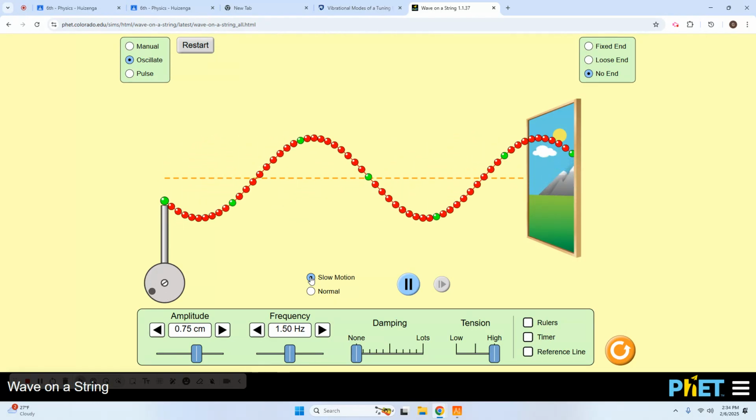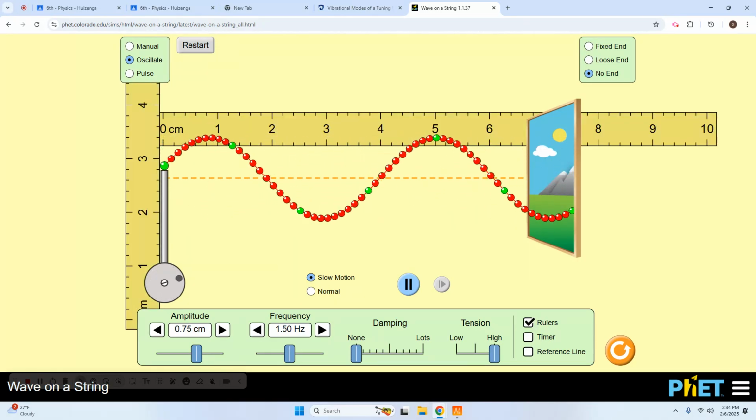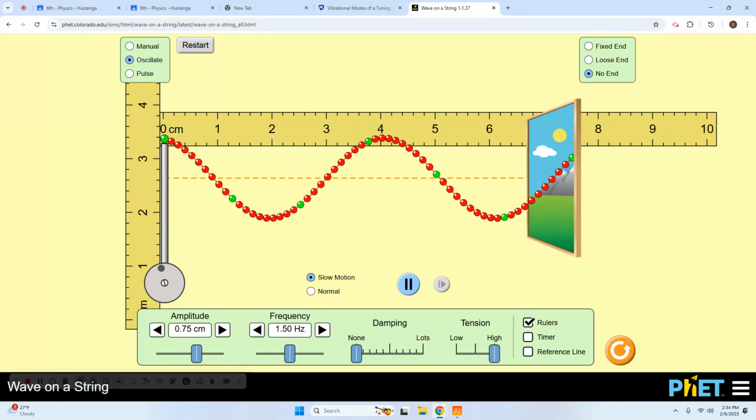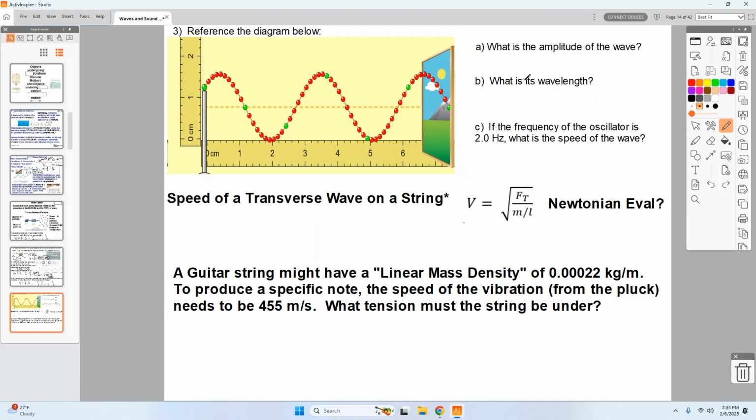So I can put some rulers on this thing, and then from that, you have that in front of you. What I'd like you to do is try to determine what the amplitude of that wave is, what the wavelength of that wave is, and if that frequency of oscillation is 2 hertz, what's the speed of that wave? Okay, so try those 3 questions.